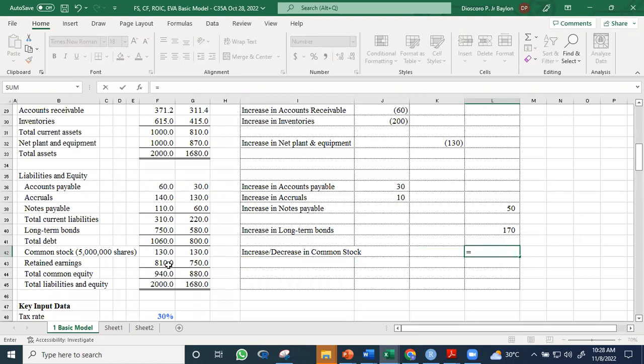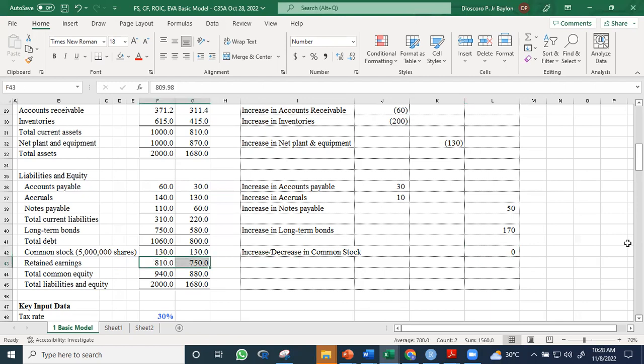It depends: if it increases, it's a source of cash. But since here it's the same, it doesn't matter. I just inserted this so that you know if there's a change in common stock, it will go under financing. Then for retained earnings, we don't include this because this is already part of the net income.